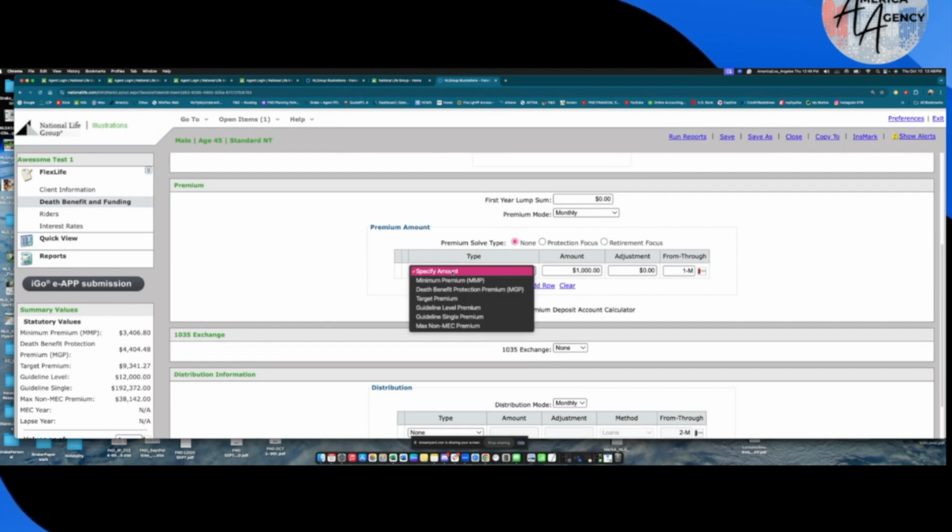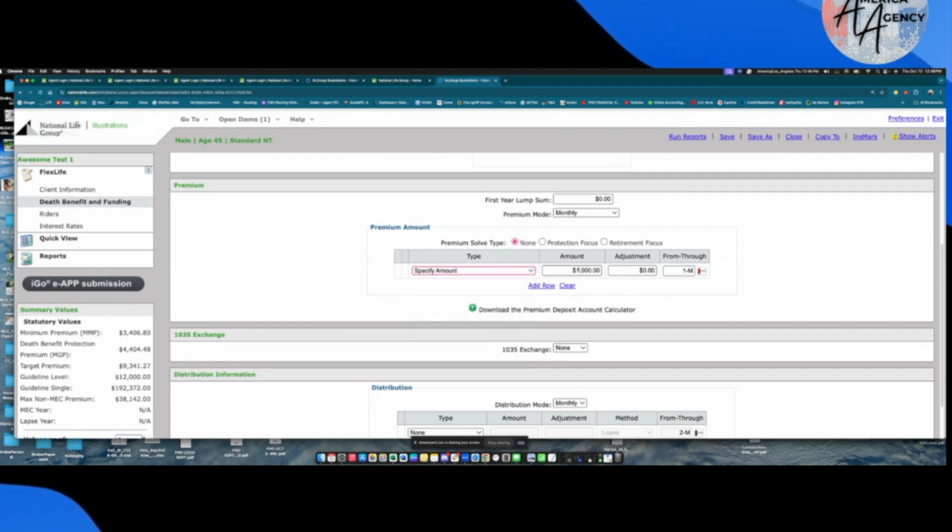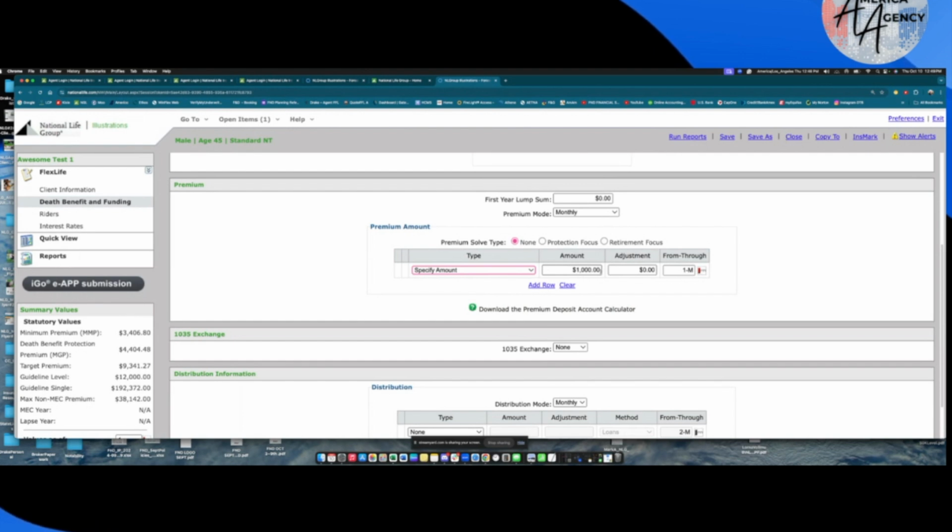When you go to the specified amount or solve type, just leave it none and just put in what their budget is. So this is really important, what I've identified talking to the client, because this is an illustration, right? This is not submitting. So they don't even see this. Even though I'm on Crankwheel and I can show them the data entry, I don't actually show them the illustration first.